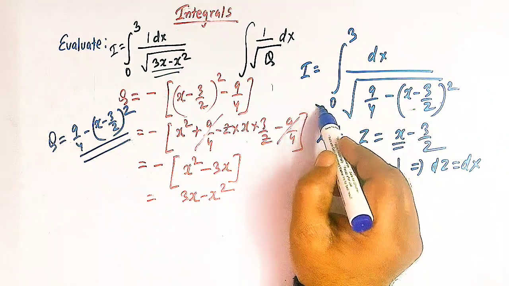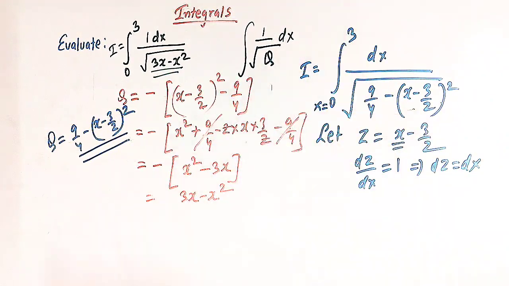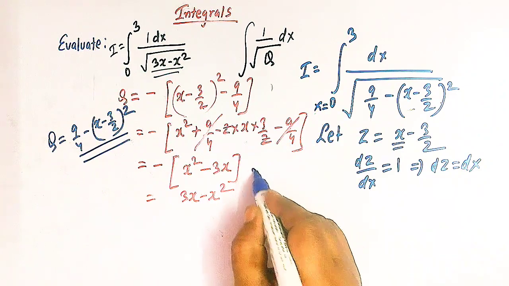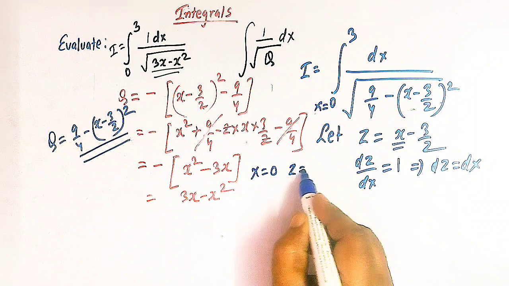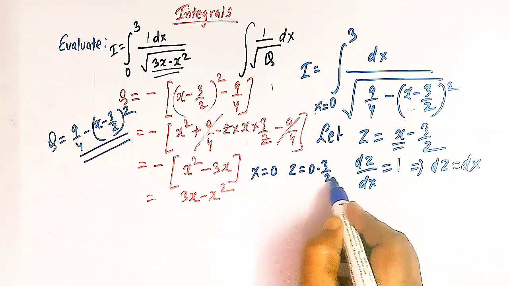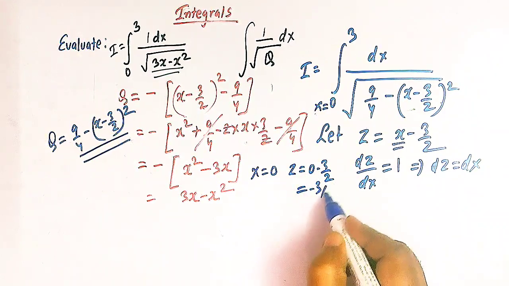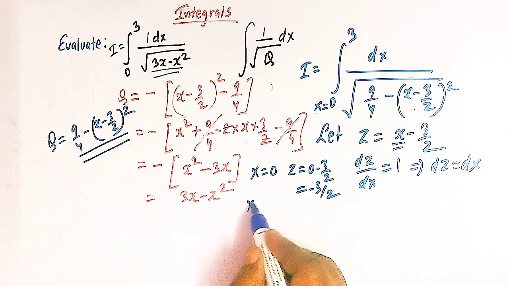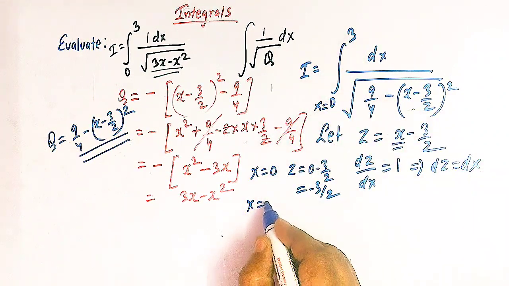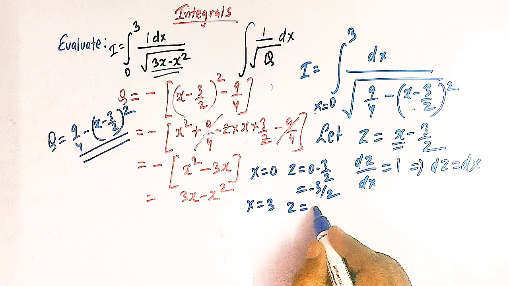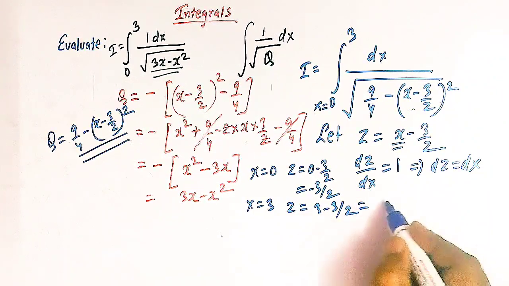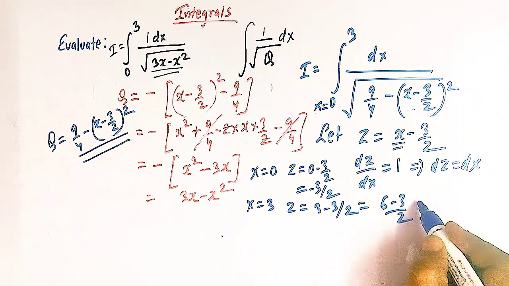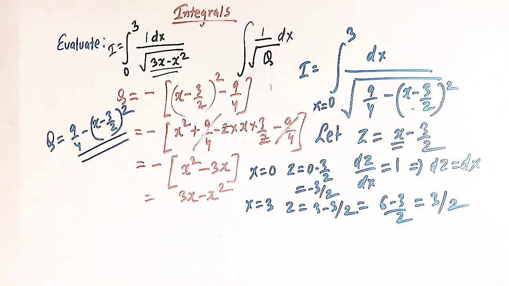Now the limits of integration vary from 0 to 3. So when x is 0, the value of z is 0 minus 3 by 2, that is minus 3 by 2. And when x is 3, the value of z is 3 minus 3 by 2, that is 6 minus 3 over 2, that is 3 over 2.